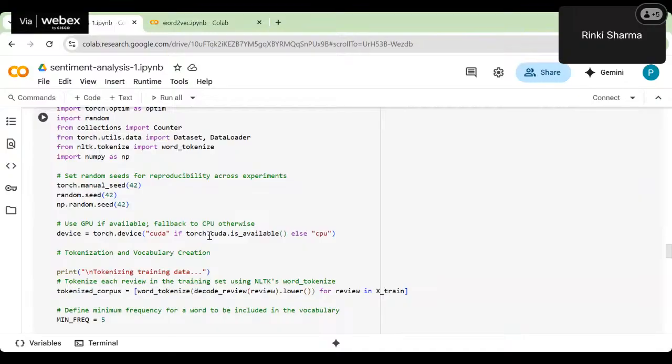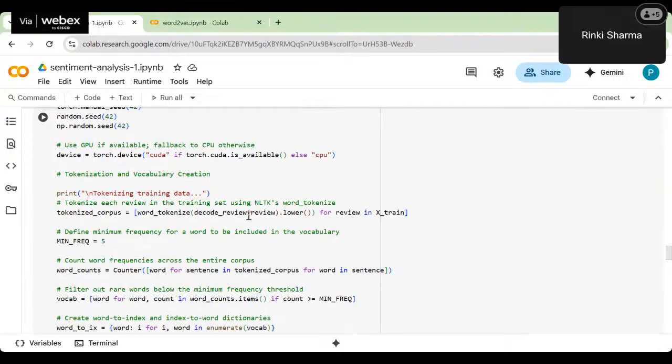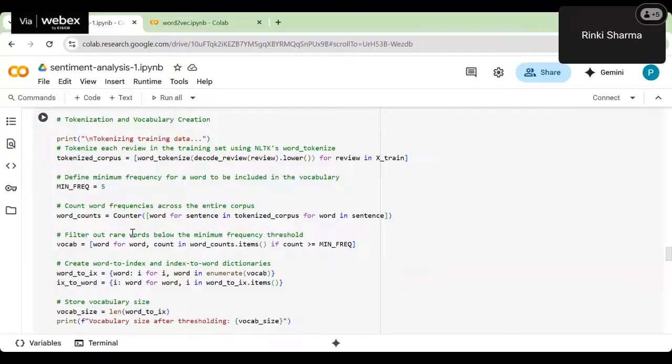Here also we define our vocabulary by applying a minimum threshold count of 5, so we keep only those words whose count is greater than or equal to the minimum frequency, which we set as 5.